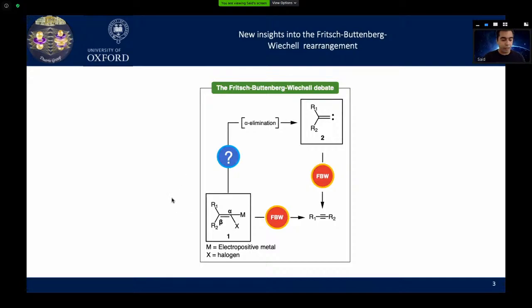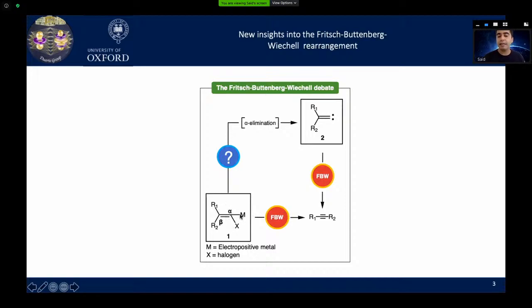This has led to the following debate about the FBW rearrangement, in which some people think that the reaction proceeds via an alpha elimination, forming the vinylidene carbene type structures. And others point out that the reaction actually proceeds via a direct rearrangement from a carbenoid species.